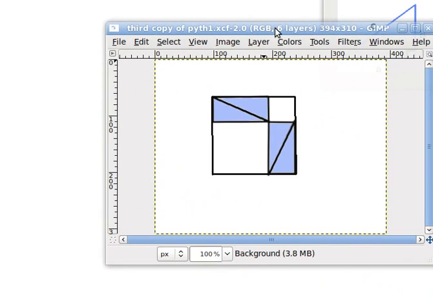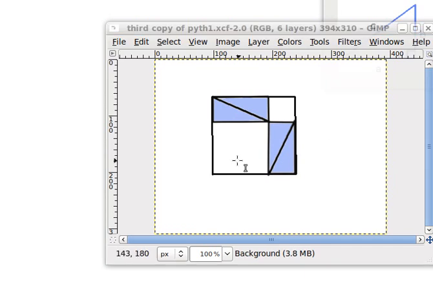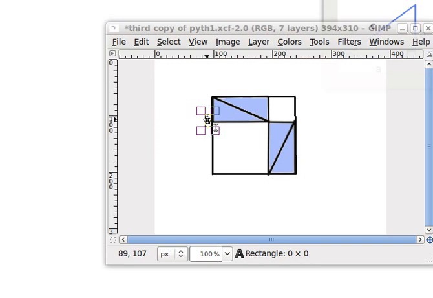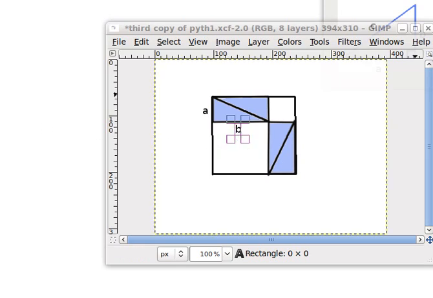I think we can agree, let's say this has side length A, and this is side length B. Now let's describe a few things.